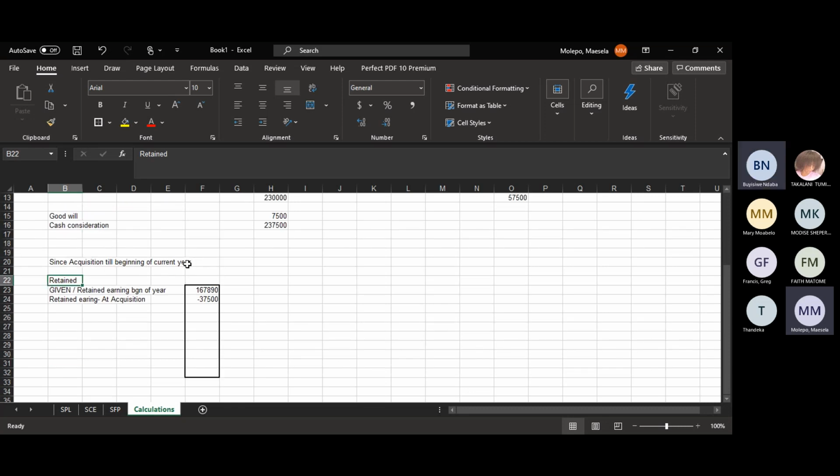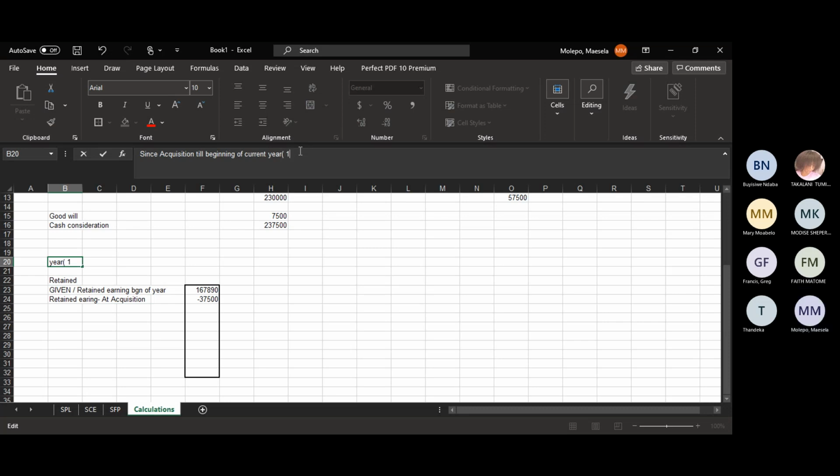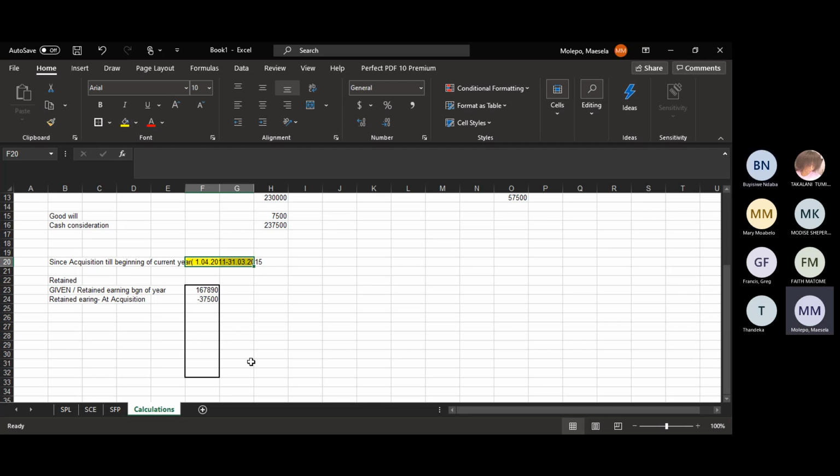This will be from the acquisition date, which was on 1/04/2011 up to 31/03/2015. So you can see those other things fall outside, they don't fall within this date.